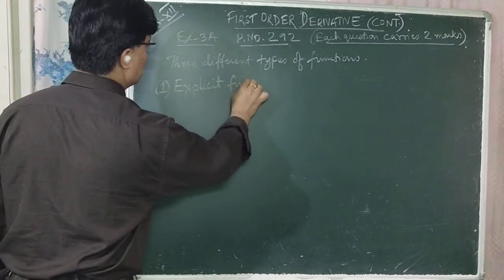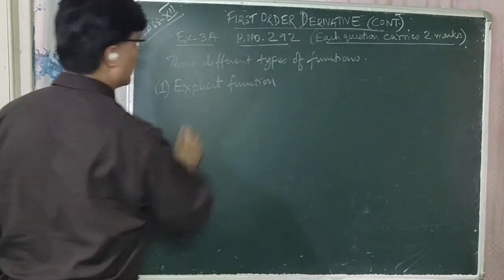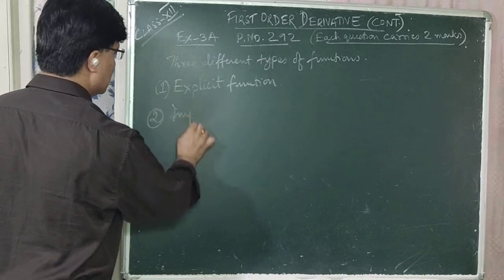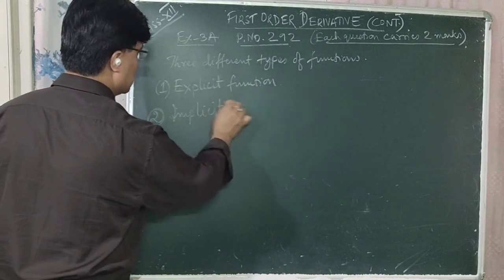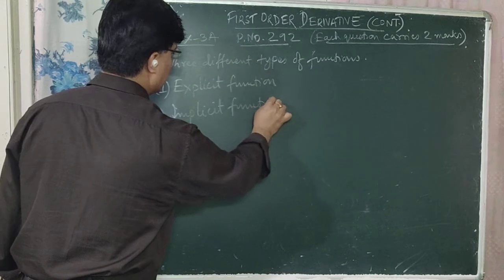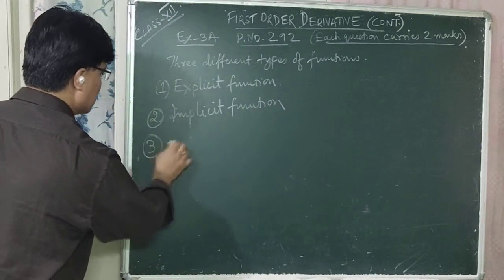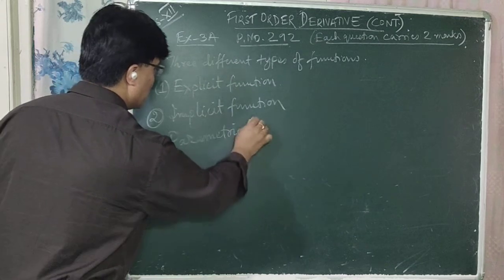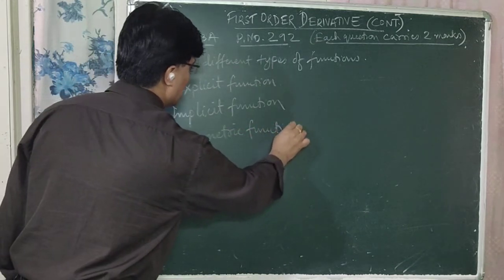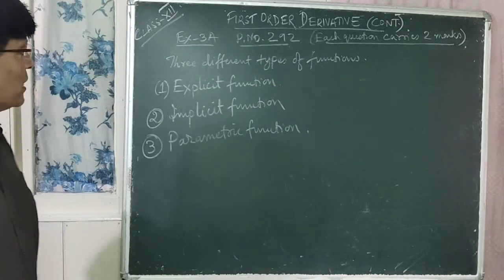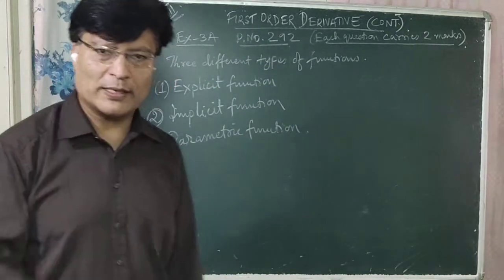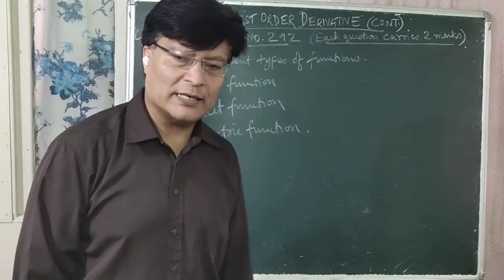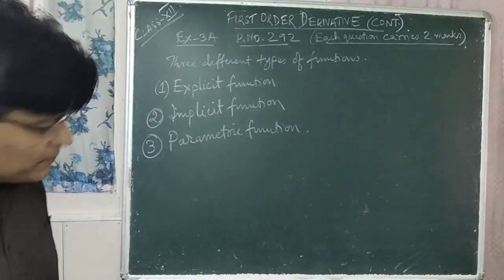Number 2 is implicit function. And number 3 is parametric function. So there are 3 different types of functions. Number 1 is known as explicit function, number 2 is implicit functions, and number 3 is parametric functions.